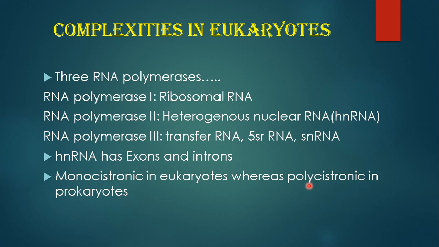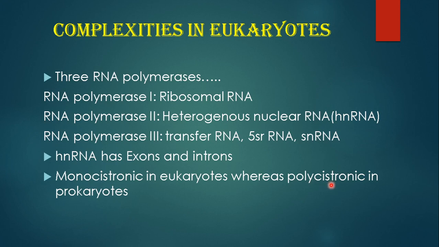Poly means many. So in prokaryotes, from a single gene, one RNA is produced. That RNA can go on to form different types of proteins which will be involved in the metabolic pathways.